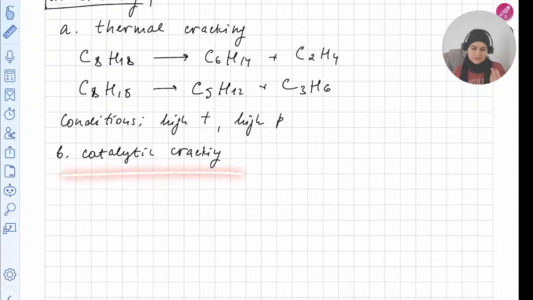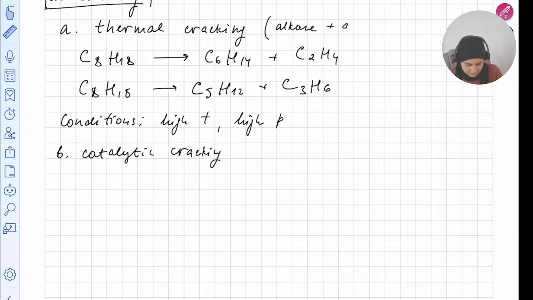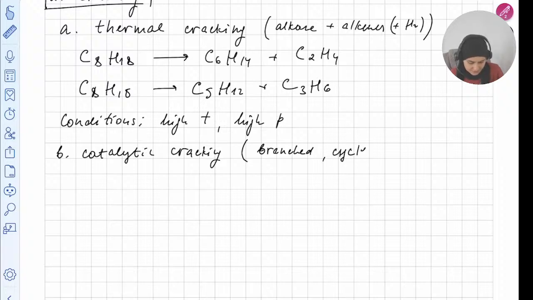Here we would say that it's branched and cyclic alkanes.